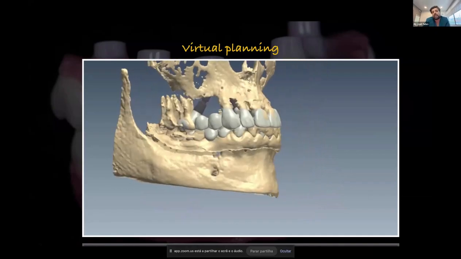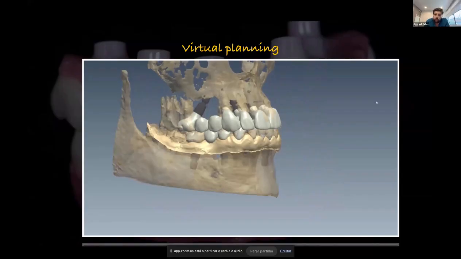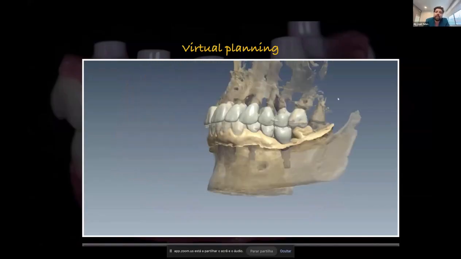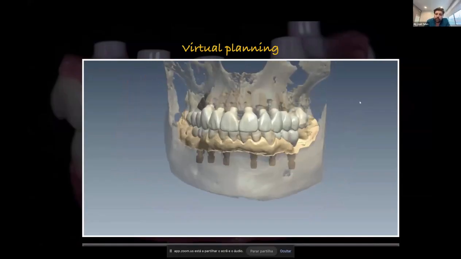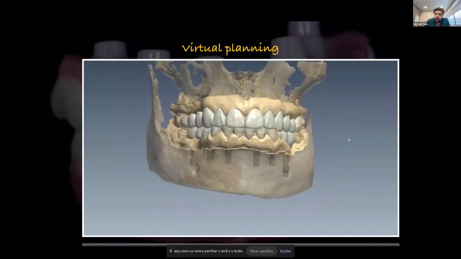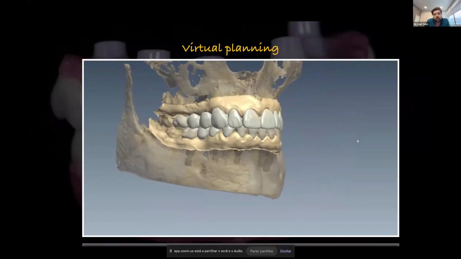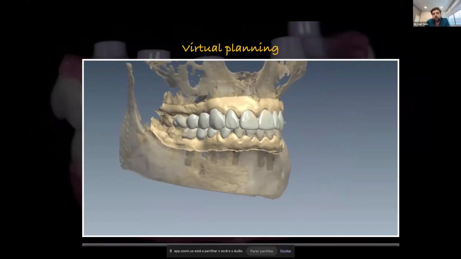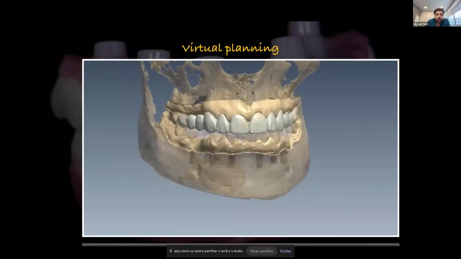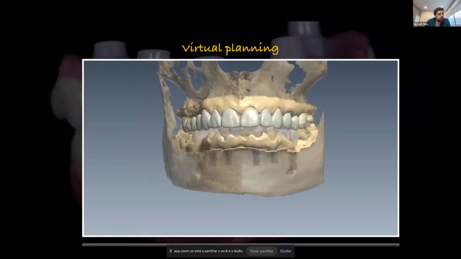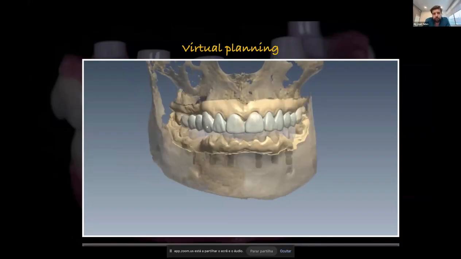So we already have a design of the prosthetics we want to achieve, and we have the implants in place. Now, the thing is, even with full guided surgery, quite often you have small deviations. So if we milled or printed this restoration in advance, more likely than not, it would not fit in the end. For that, TRI also offers a new approach, a new solution.